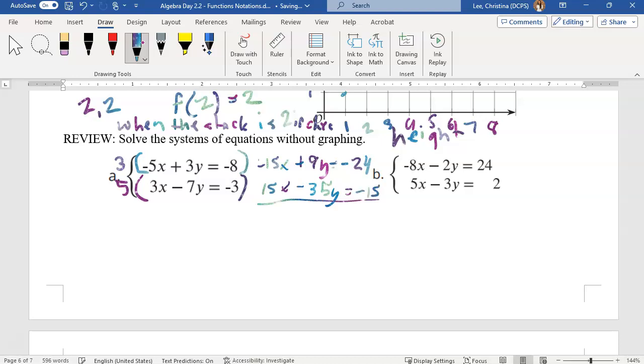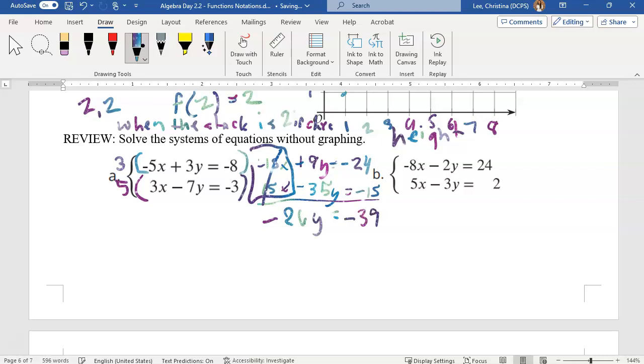Now I can eliminate my x's because I have an opposite sign here and the same coefficient. And then we have 9y minus 35y, which is going to be negative 26y. Ooh, goodness. Negative 26y equals, and then negative 24 and negative 15 will be negative 39.